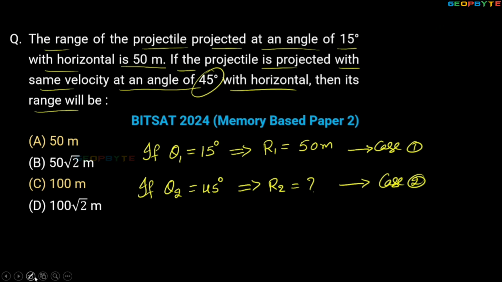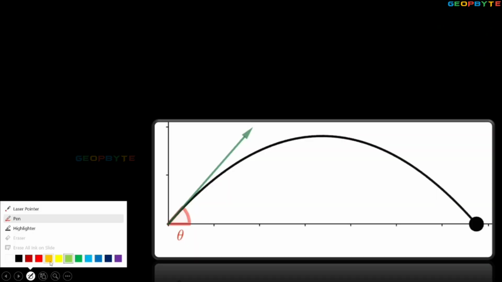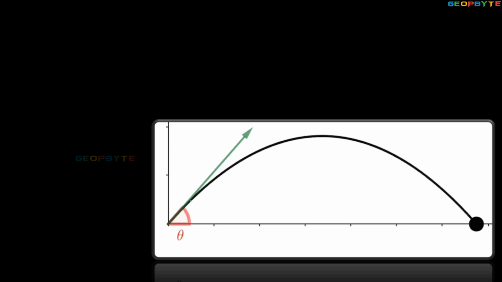For the first case, theta is 15 degrees, range is 50 meters. Look at the arrangement. The projectile is making an angle theta with respect to the horizontal.